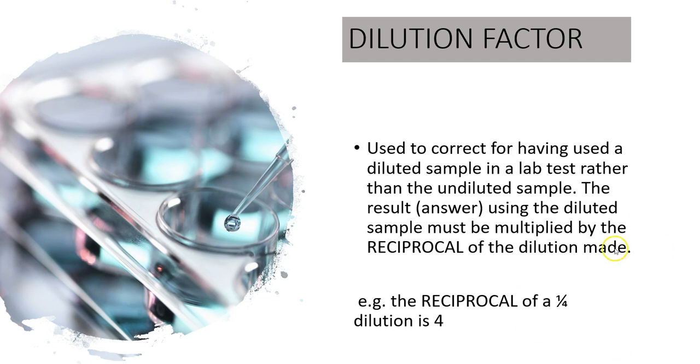In this case, our dilution factor would have been 4, since 1 out of the 4 parts was orange juice. This is used in our labs, like I said, to correct for having a diluted sample during the experimentation. So once we get the answer, we multiply by the reciprocal of the dilution that you had made, which was the 1/4. So you would multiply the answer by 4 to get the correct answer.